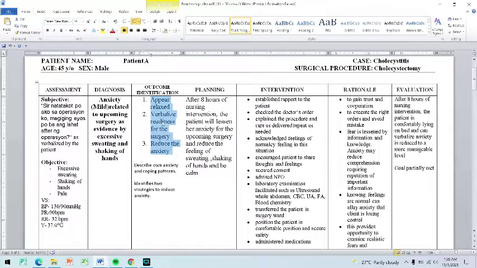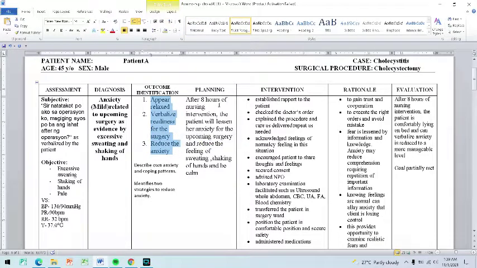So for students, in order to follow the prescription of Nanda, we need to write these two as your outcome identification. Then based on this, you could put this one as your plan.